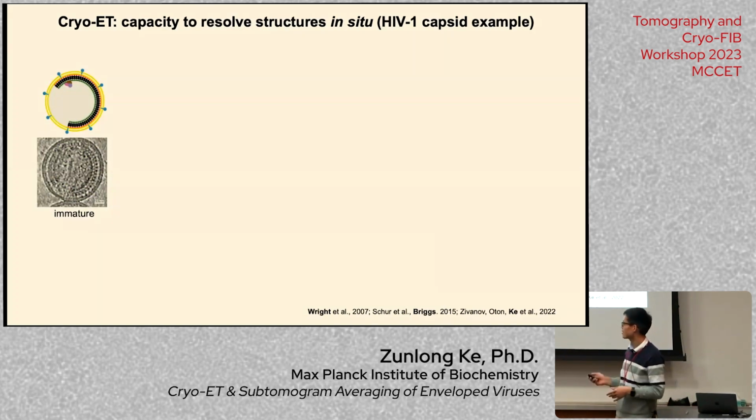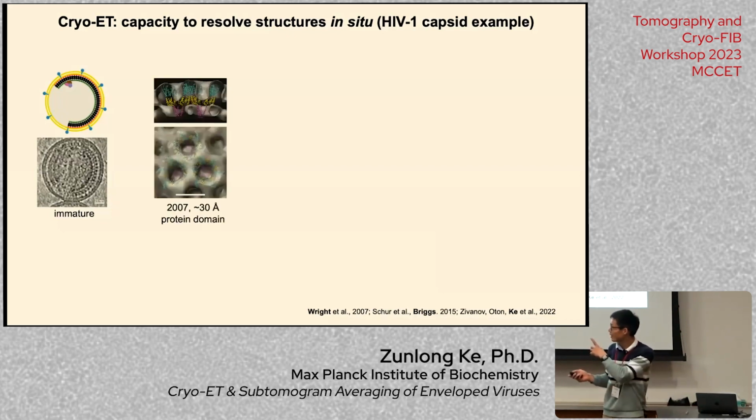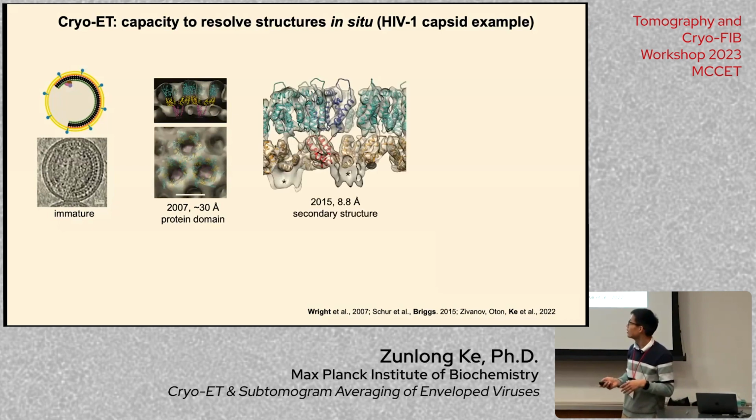In 2007, this is work from Liz when she was doing her postdoc in Grant Jensen's lab. You can see this is the capsid protein of HIV that was solved to 30 angstroms at that time. Now, about a decade later, the Briggs lab solved the same protein to sub-nanometer, which really allows you to see the secondary structures.